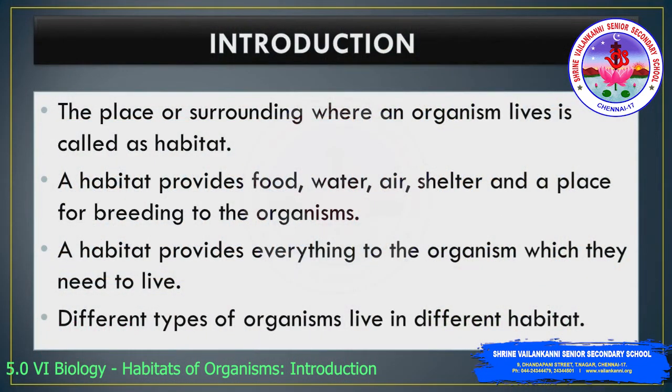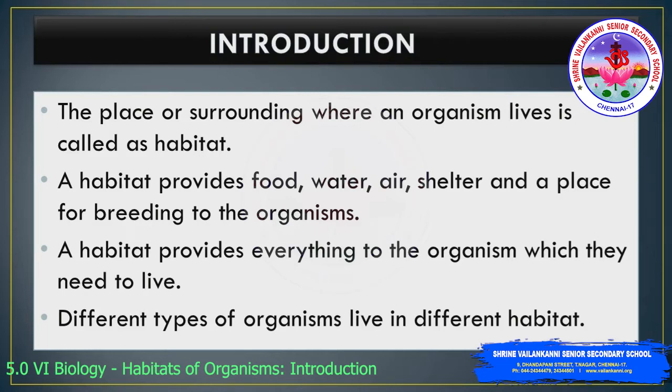Living things are found almost everywhere on Earth. They are present on the land, in water, in the air, in the soil, under the stones and the logs, in the grasses, on trees, in our homes, and also inside us. So, the place or the surrounding where an organism lives is called a habitat.